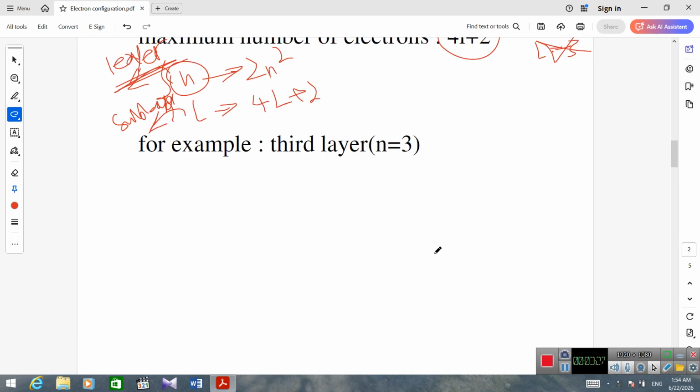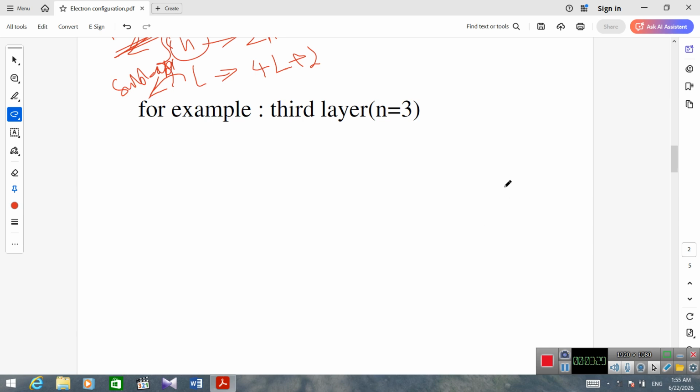For example, when n is 3, we will have l 0, l 1, and l 2.